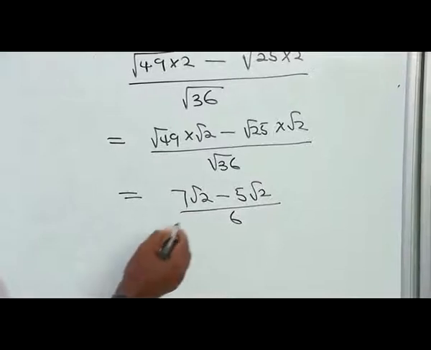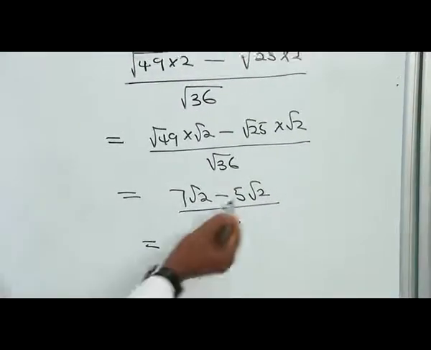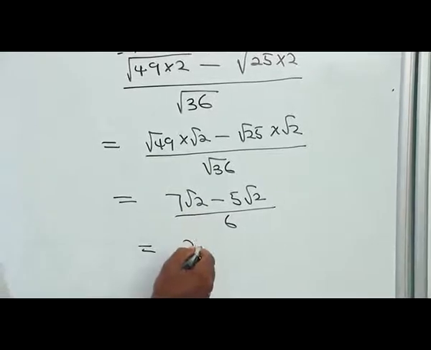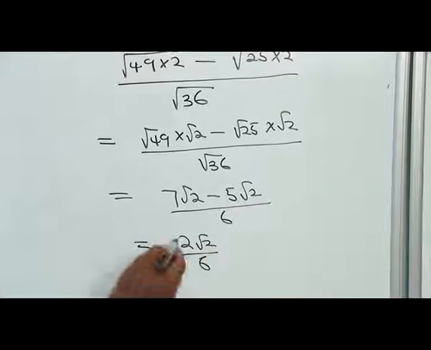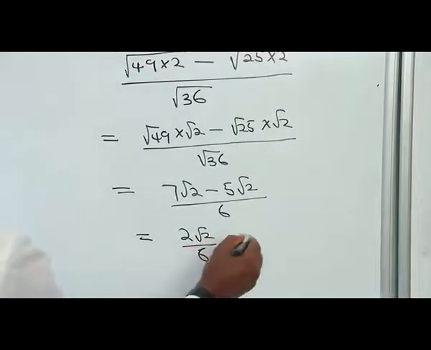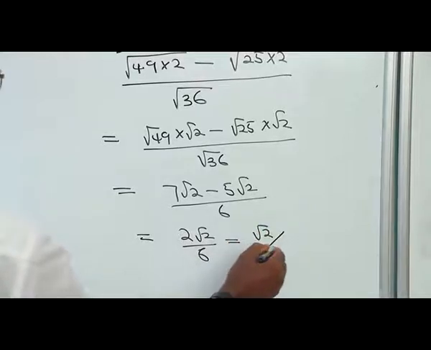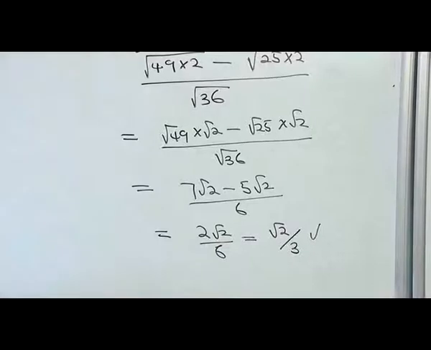So it's like saying 7s minus 5s. When you subtract this from this, you have 2 root 2 all over 6. 2 can now divide both the numerator and the denominator. So that becomes root 2 all over 3. And that is the solution to the problem.